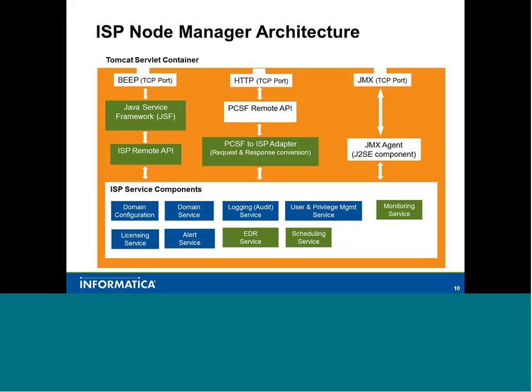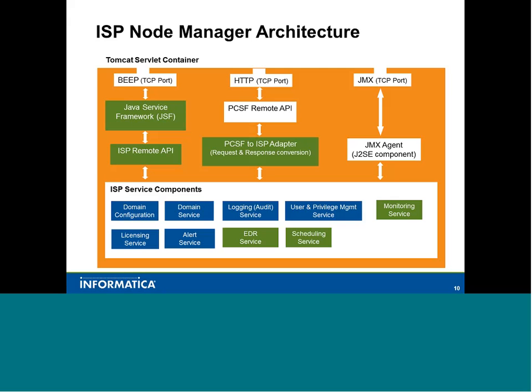Now the middle part, if you look at, is the HTTP TCP port. We have still maintained backward compatibility specifically for the old services, so that there need not be any code change or any development required for them to run the jobs.